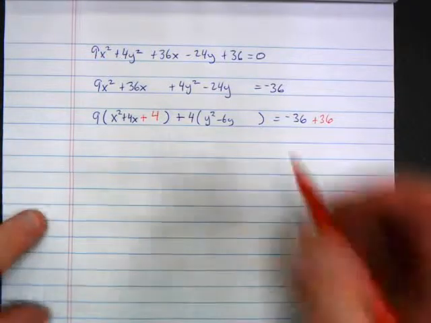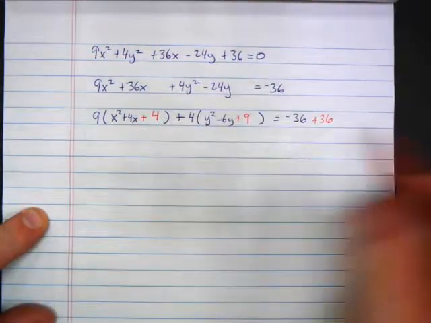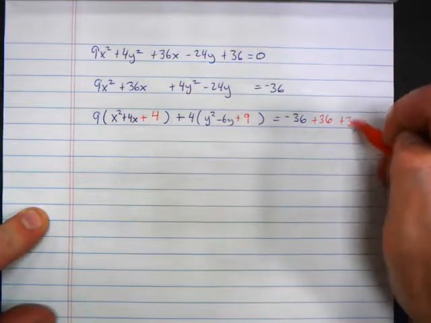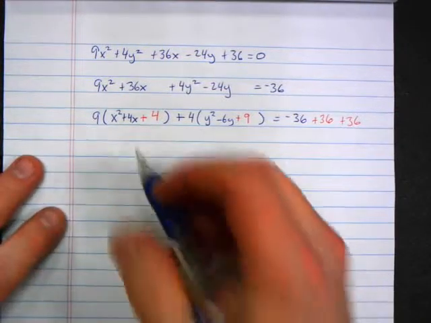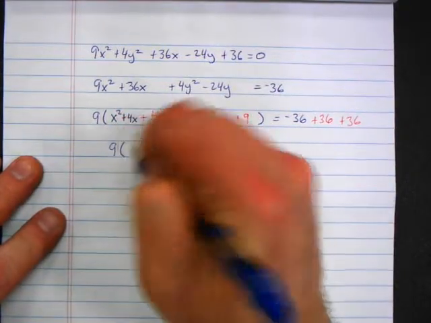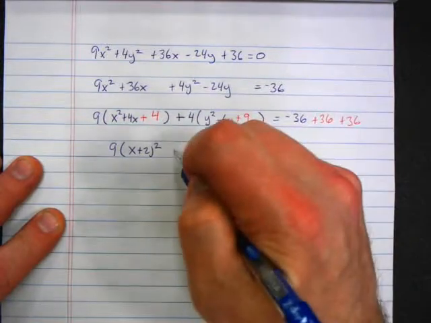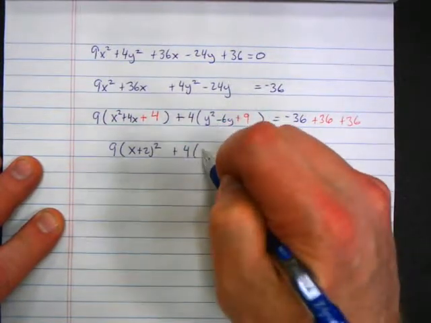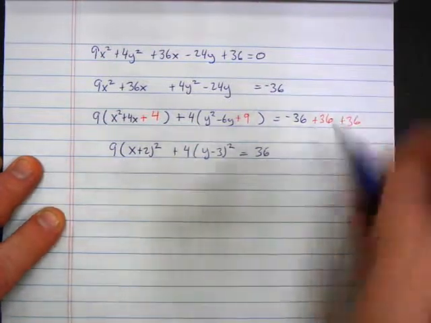The magic number here is 9. 9 times 4 is 36, so I can add 36 again. 36 seems to be a popular number in this problem. Okay. That's 9 times x plus 2 squared plus 4 times y minus 3 squared equals 36.